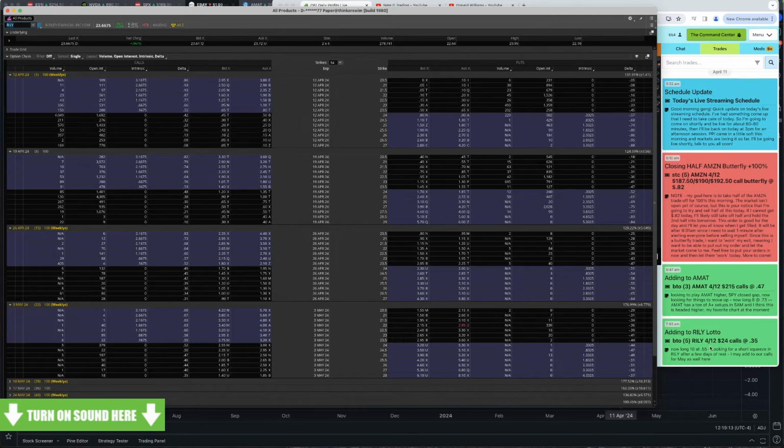He bought the 4/12 $24. He bought them for 35 cents, so he's in the green at the moment. He bought 5 of these calls here. Okay, and that's a lotto. And so you have to understand that expires end of the trading day tomorrow. So the hope is that it moves very quickly.